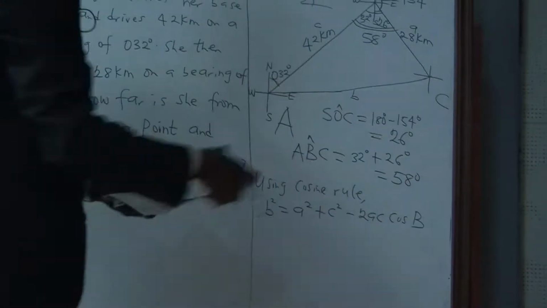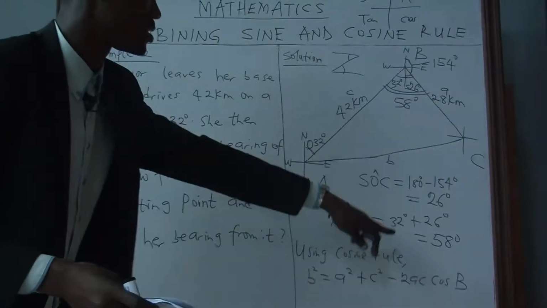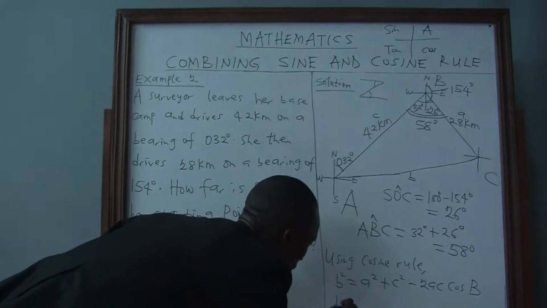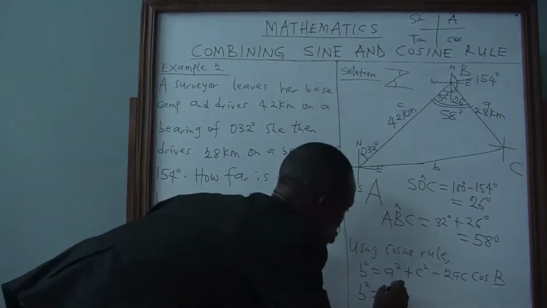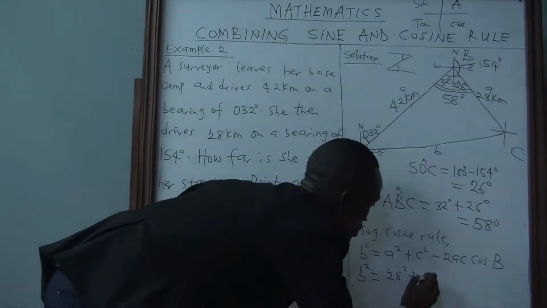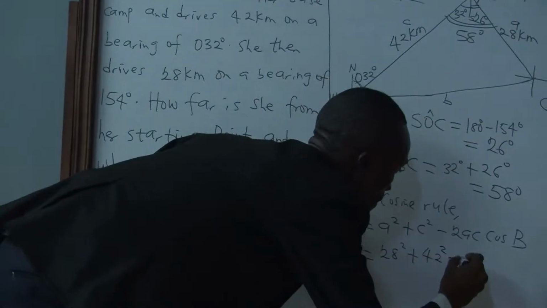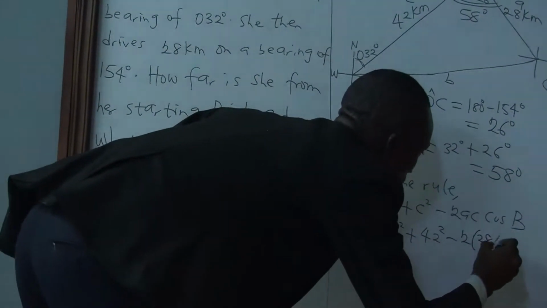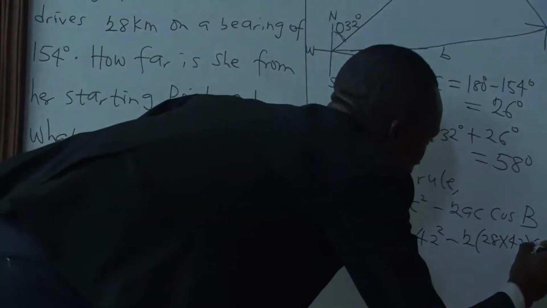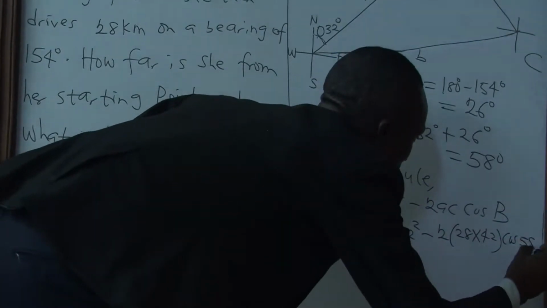By substituting them, and angle B is 58, we have b squared equals 28 squared plus 42 squared minus 2 times 28 multiplied by 42, then cos 58 degrees.